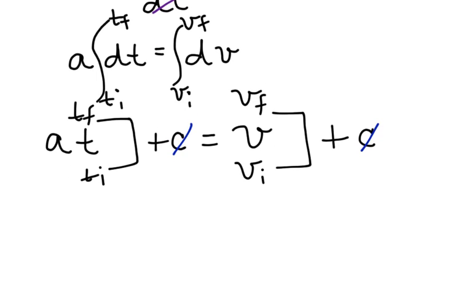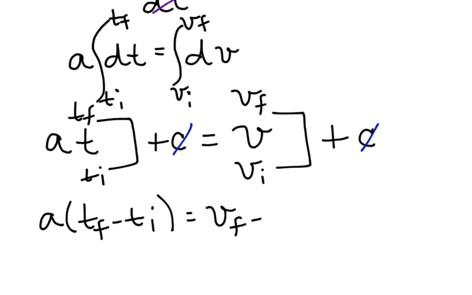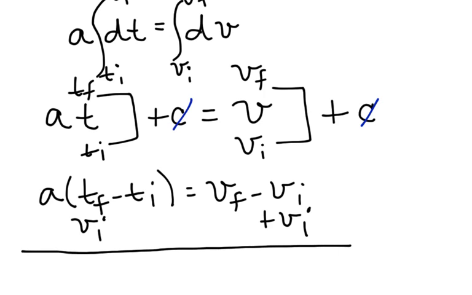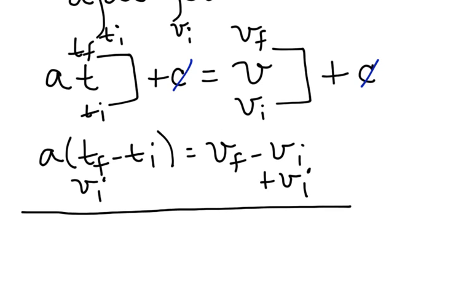We still want to evaluate this. So on the left side of the equation, I'm going to get a times the quantity t sub f minus t sub i is equal to, on the right side, v sub f minus v sub i. If you look at this equation a little bit closer, or if we solve for v sub f, for example, in other words, add v sub i to both sides, what do we end up getting?